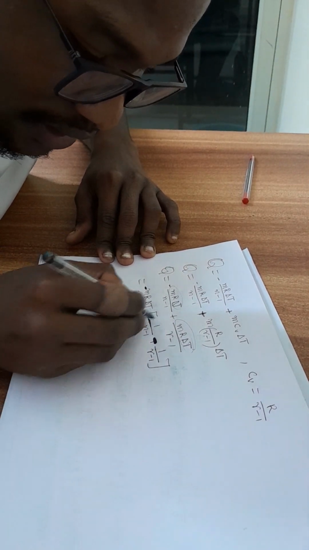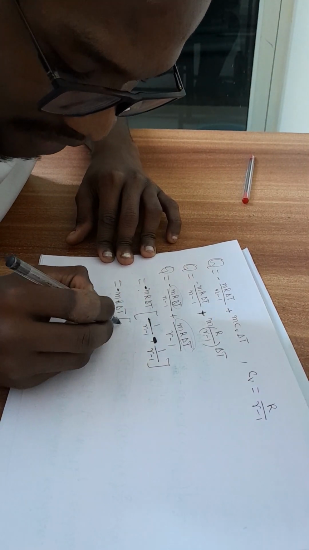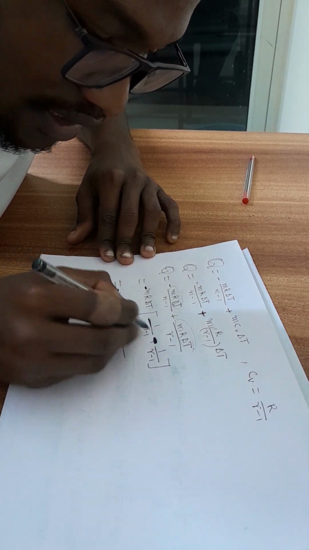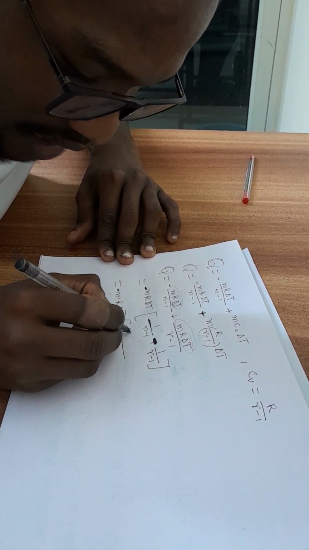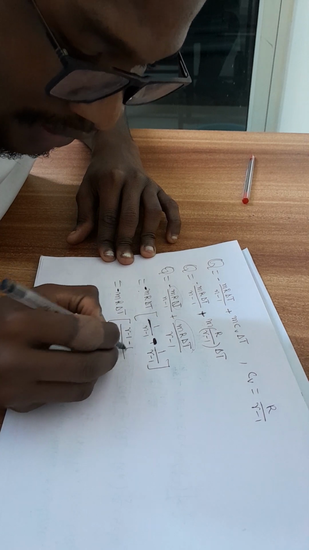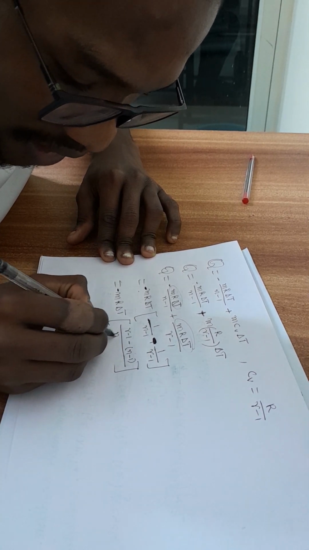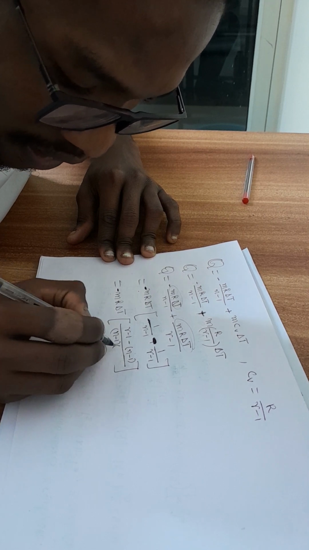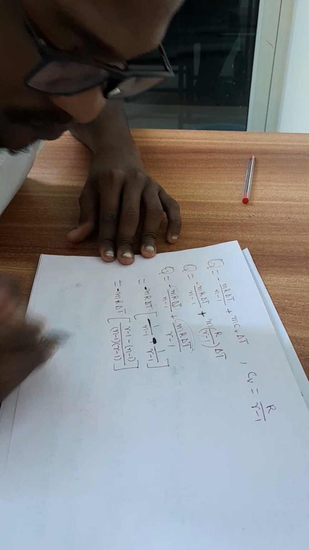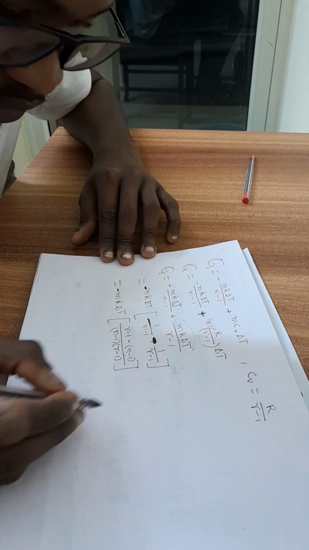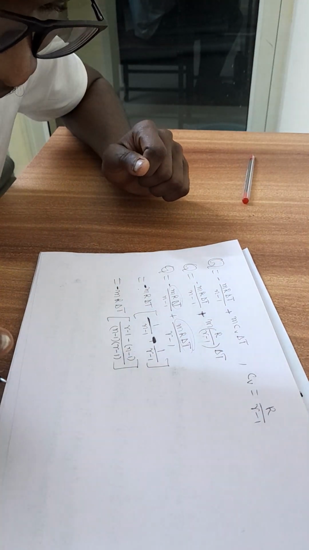Then from here just find the common denominator, and this will be easy. This will be gamma minus 1 minus n minus 1, and here you have n minus 1 and here gamma minus 1.